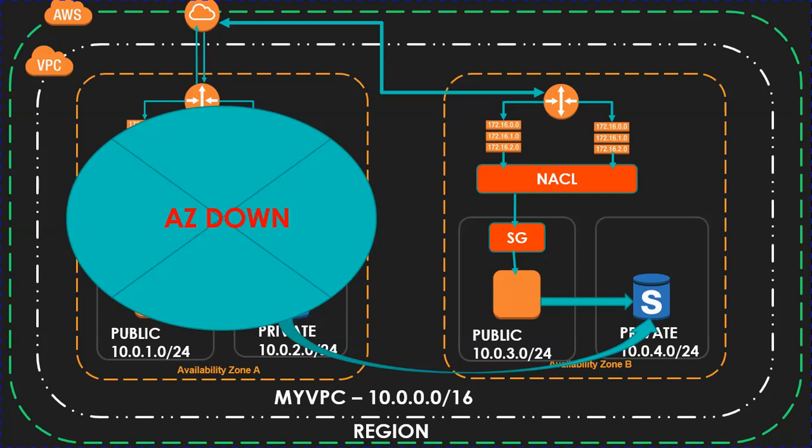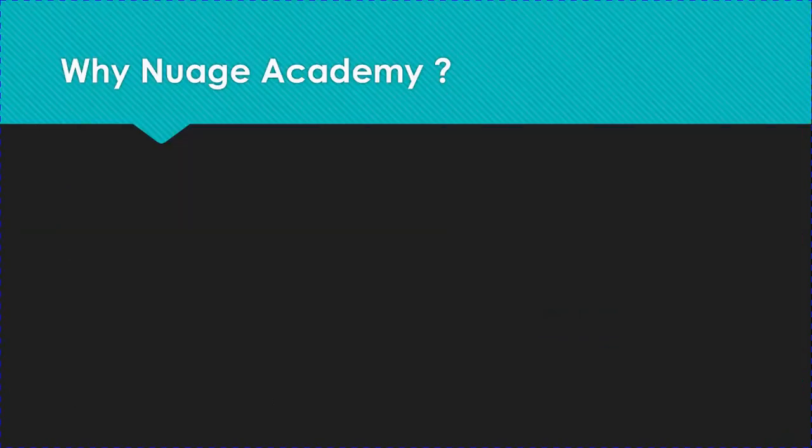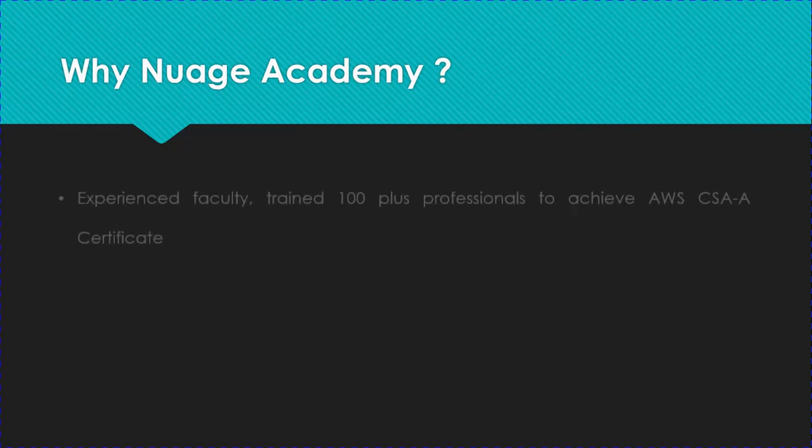All this will happen simultaneously once it is sensed that the availability zone is down. These are the things you will be learning using the building blocks like global infrastructure and other foundation services.